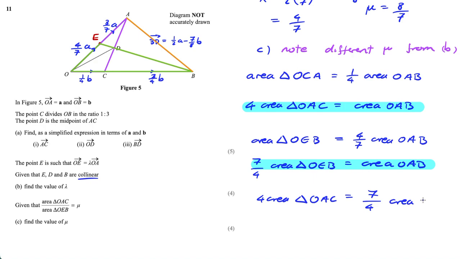Now what does he want? Well, he wants this over this, so if I cross multiply, the area of triangle OAC over the area of triangle OEB must equal, and then I divide by the 4, 7/16. So therefore mu equals 7/16.